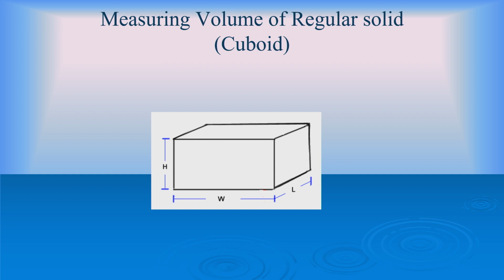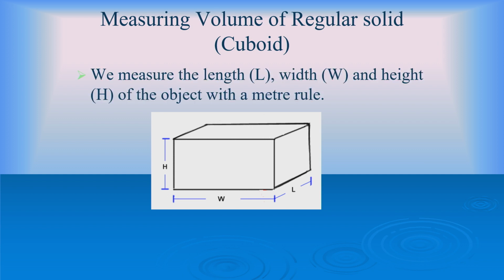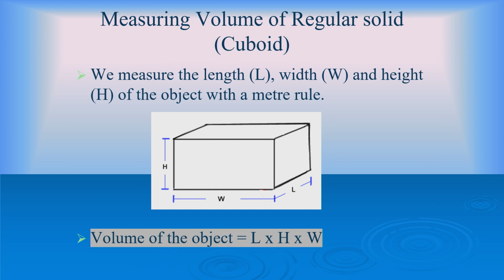Simple measurements of length, width, and height are done using a meter rule. The volume is obtained by multiplying the length, the height, and the width.